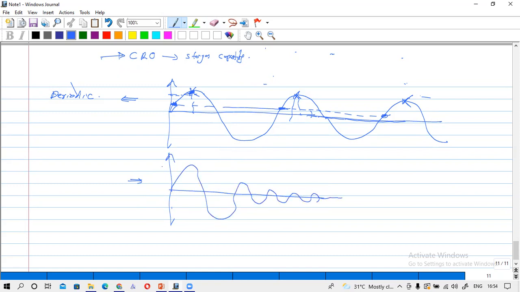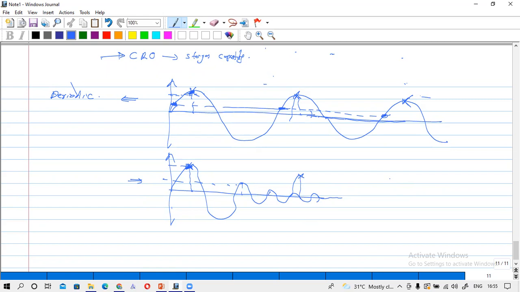Say at this point, this voltage and this voltage are different. So you can see that at any point, this voltage value will not exist, maybe once or twice. Maybe here that voltage level can exist, but it is not repeating again and again.